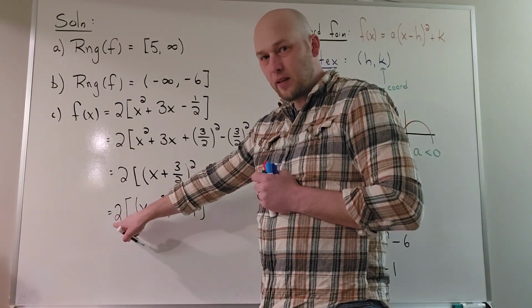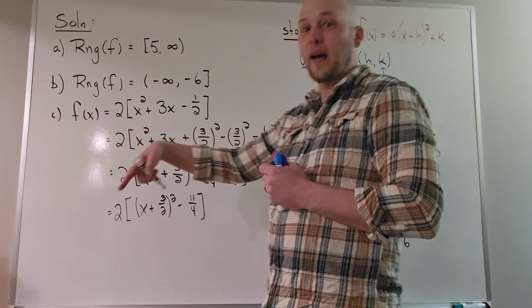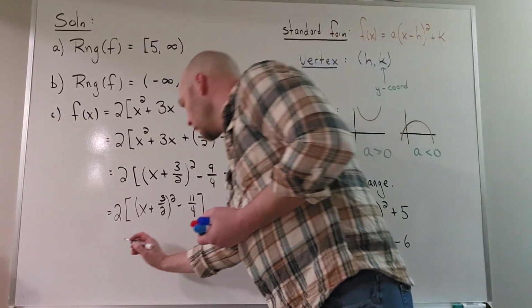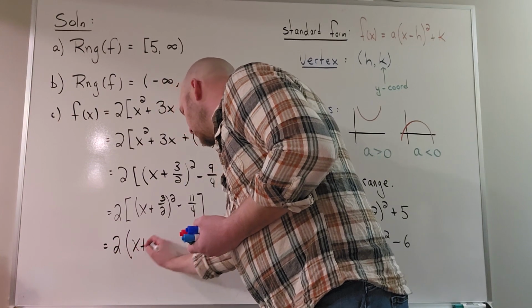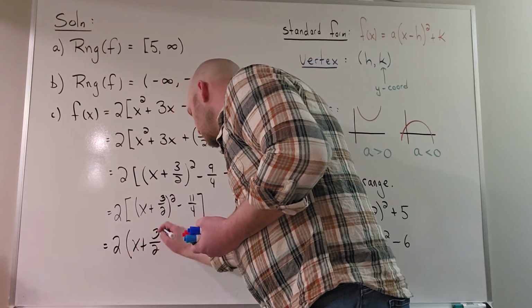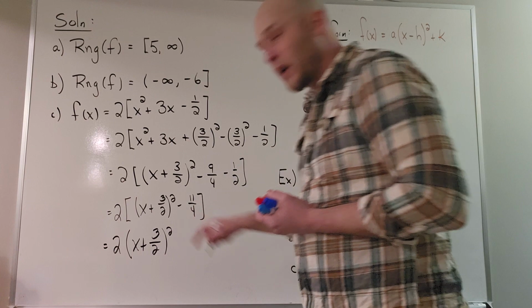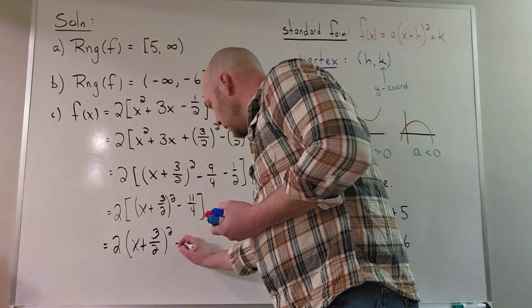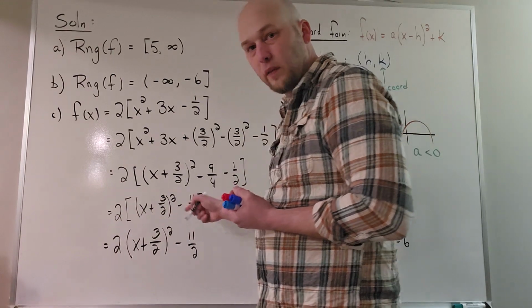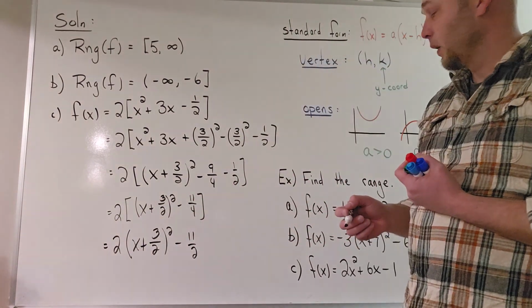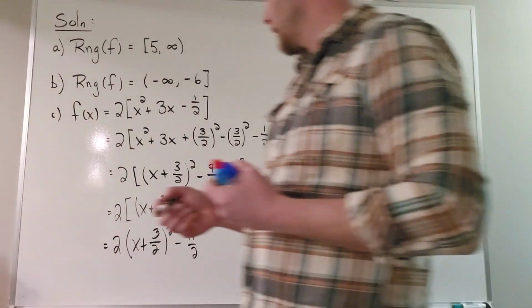And then the last step, I take the number that I factored out, I have to distribute it back through to get 2 times the quantity x plus 3 over 2 squared, and then 2 times negative 11 over 4 would give me negative 11 over 2, because 2 divided by 4 would leave a factor of 2 in the denominator. All right, now I've got the information that I need.